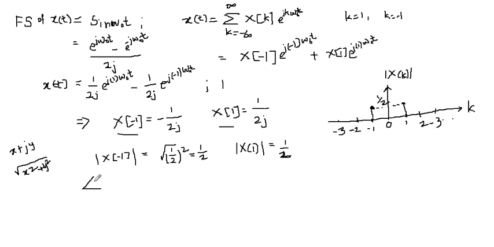Then let's go for the phase plot. The phase plot is represented in this way. So we write the angle of X of k, the angle of X of k graph. Now let's take the different values.